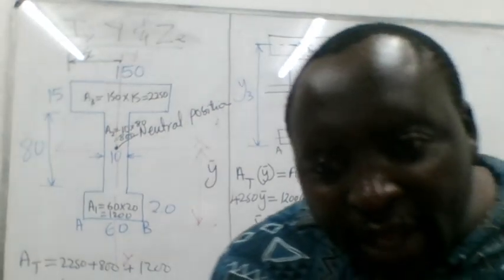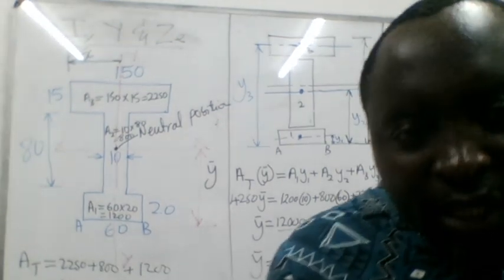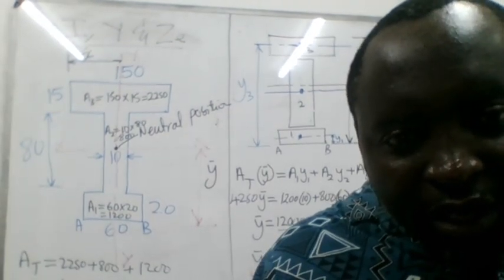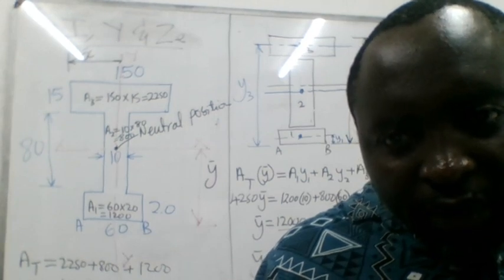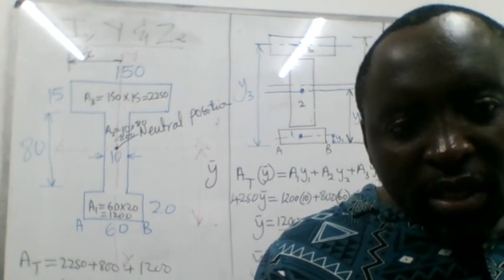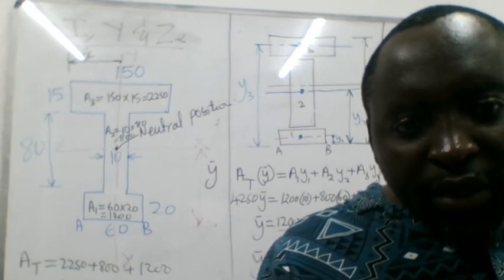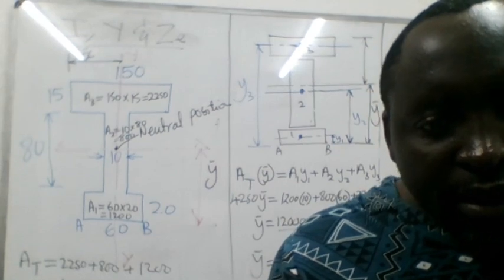Yes, then plus, that's 48,000, not 4,800. 48,000 equals plus 12,000 rather.